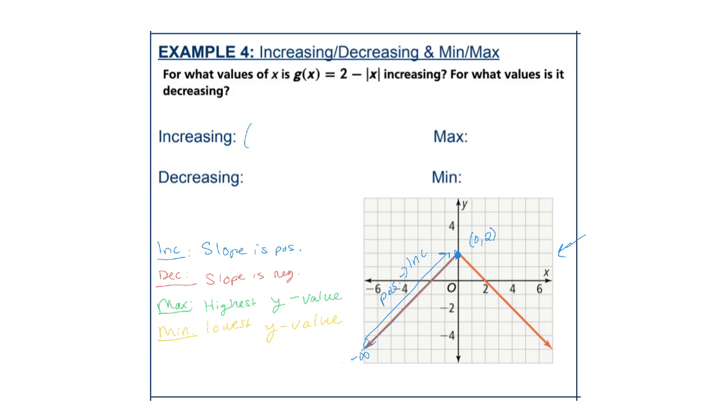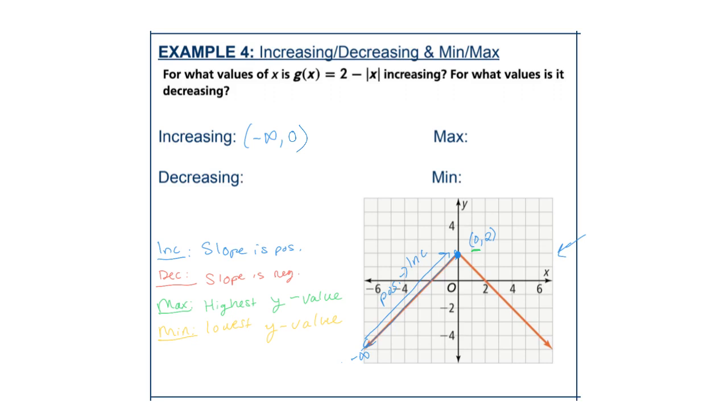So for increasing, it starts at negative infinity and continues to the point (0, 2), and the x value that it stops at is 0. So it stops at x equals 0.